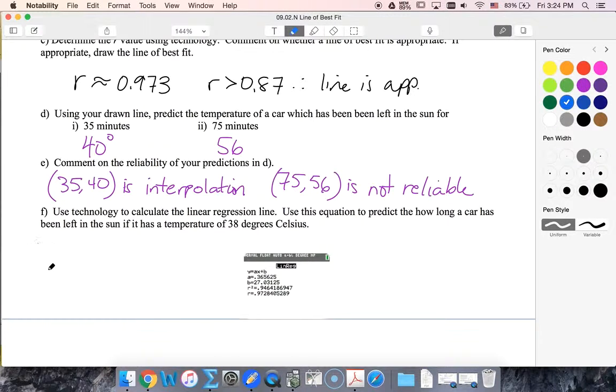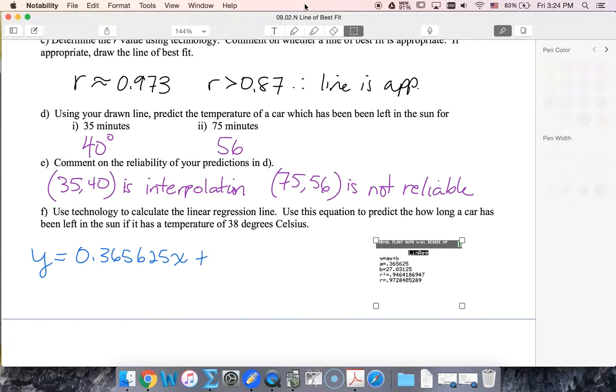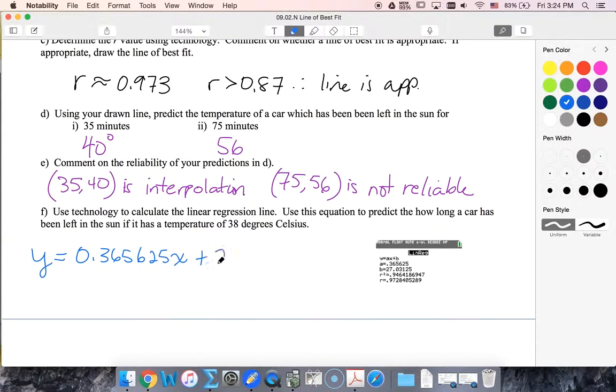So this is going to be y equals 0.365625x plus 27.03125. So I'm not rounding here because these are exact numbers. They stopped. So that means they're exact.